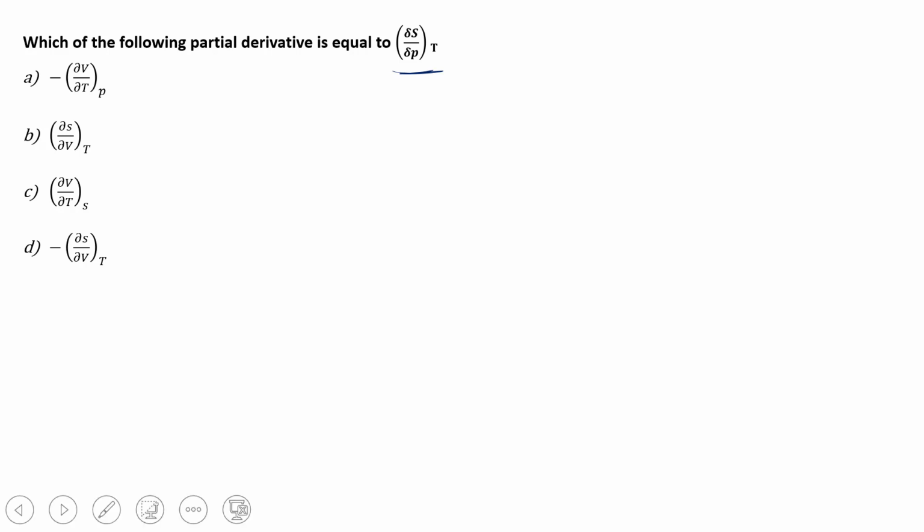Okay, so now I will write all the equations for you. We know dU is equal to TdS minus PdV, then dH is equal to TdS plus VdP. It changes here, VdP.